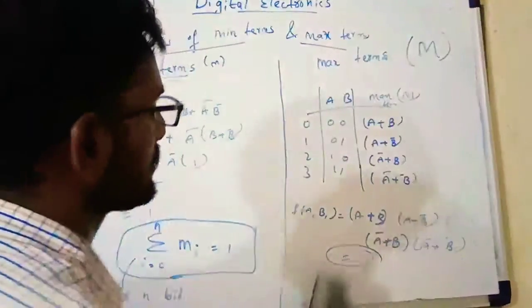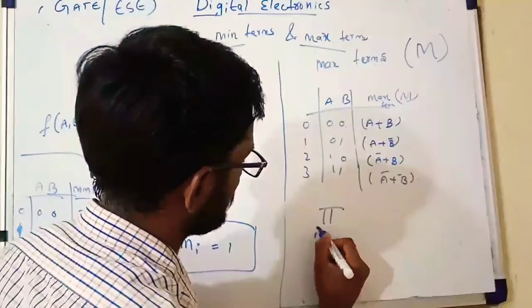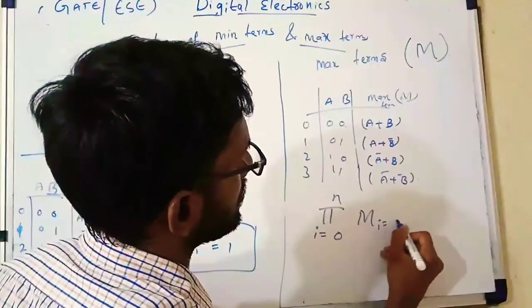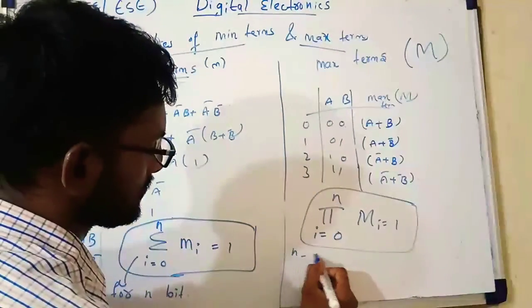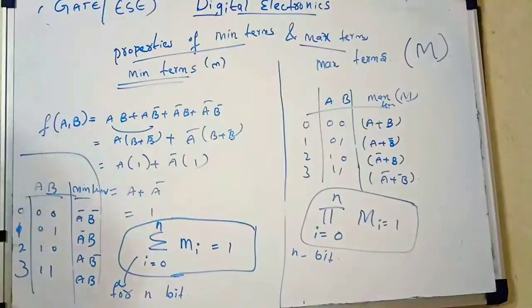From this we can conclude that in maxterms also, we are taking the product i equal to 0 to n, M i equal to 1. This is for n bit. So if all the maxterms are present, their product will be equal to 1.